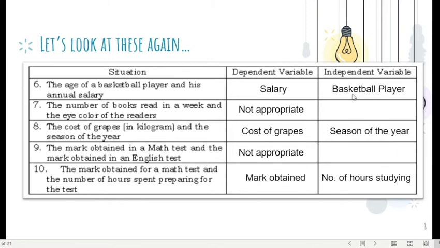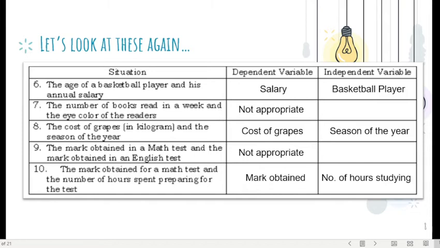So we notice that, what do you think happens when a basketball player is young, and do you think there is a relationship between the age of a basketball player and his salary? There might be a relationship. Okay, so how about, is the age of the basketball player dependent upon his or her salary?